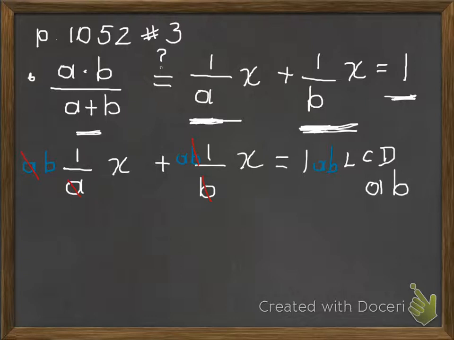Now this leaves us with BX for the first term plus AX equals 1 times AB is AB.